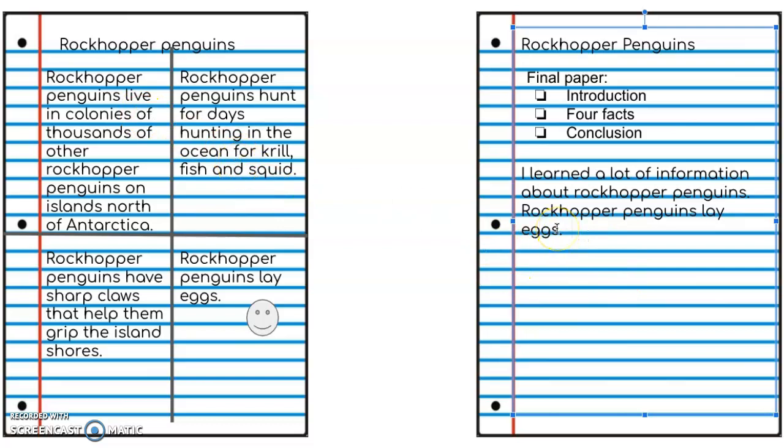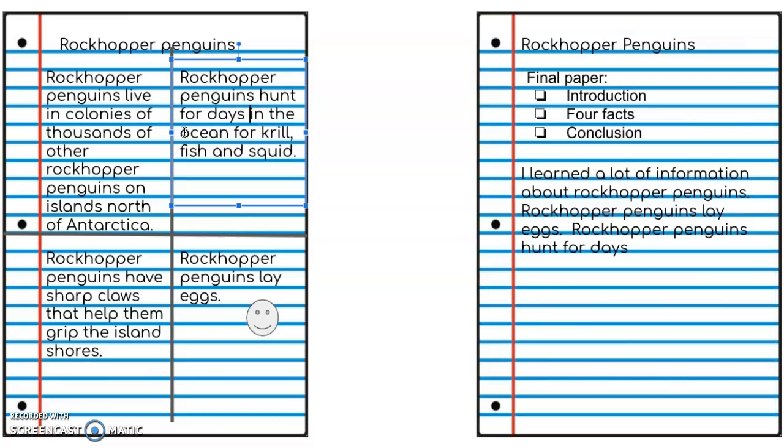Okay, now I'm going to talk about how they hunt, which is this top one. So rockhopper penguins hunt for days. Hunting, oh, I don't like how that sentence is worded. I'm going to rearrange. Okay, so rockhopper penguins hunt for days in the ocean for krill. Okay, perfect. I like how that reads now.